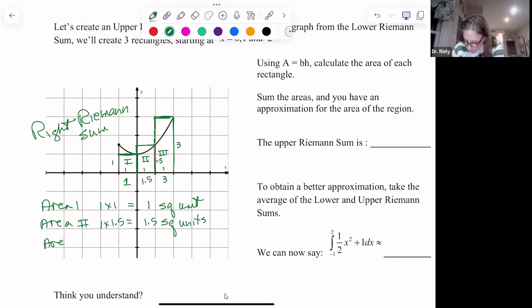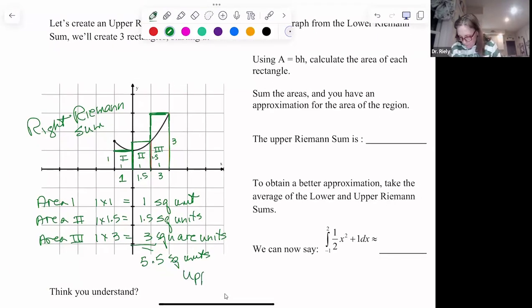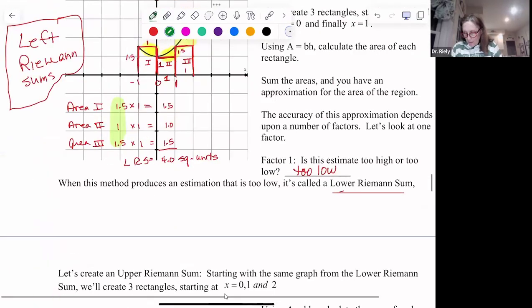And then area 3 is going to be 1 times 3, which is 3 square units. And so when I sum them, I get 5.5 square units. So now I really can say that this is my upper Riemann sum because it's a bigger number, and that this is my lower Riemann sum because it's a smaller number.